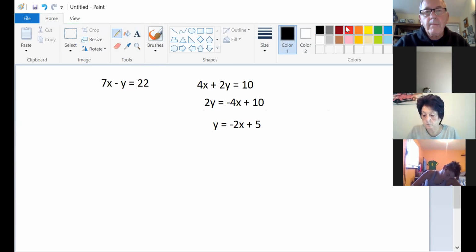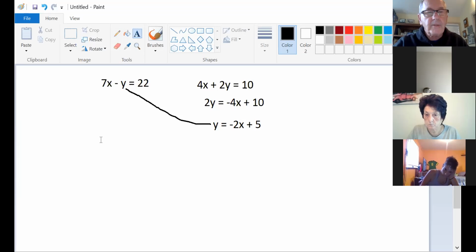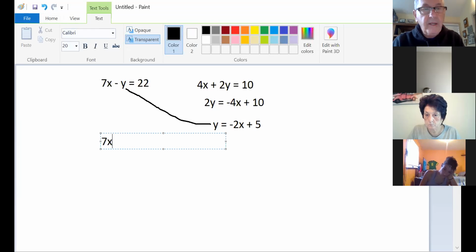Okay. So now I'm going to take this and put it in here for that y. That's what we mean by substitution. So it becomes 7x minus y, and we're going to put in minus 2x plus 5, is equal to 22.